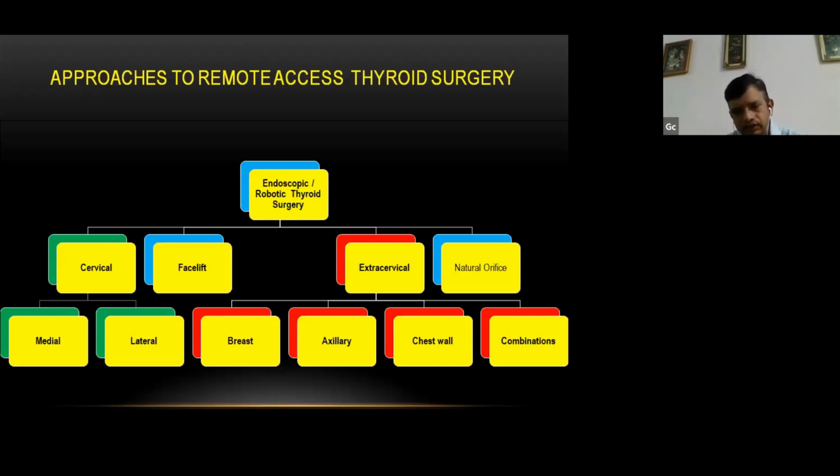But you see how these approaches have been developed. From the ear, it is the shortest route to the neck, directly onto the thyroid. No important structures come into the picture, so the chances of morbidity were less.